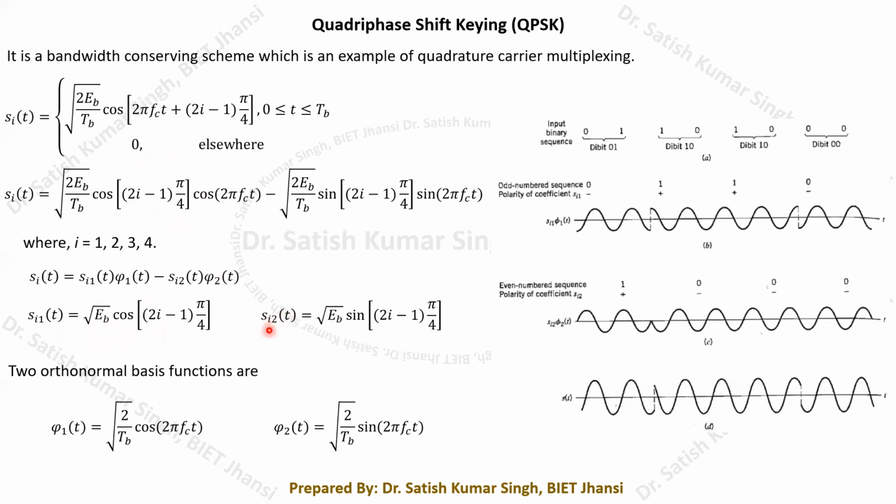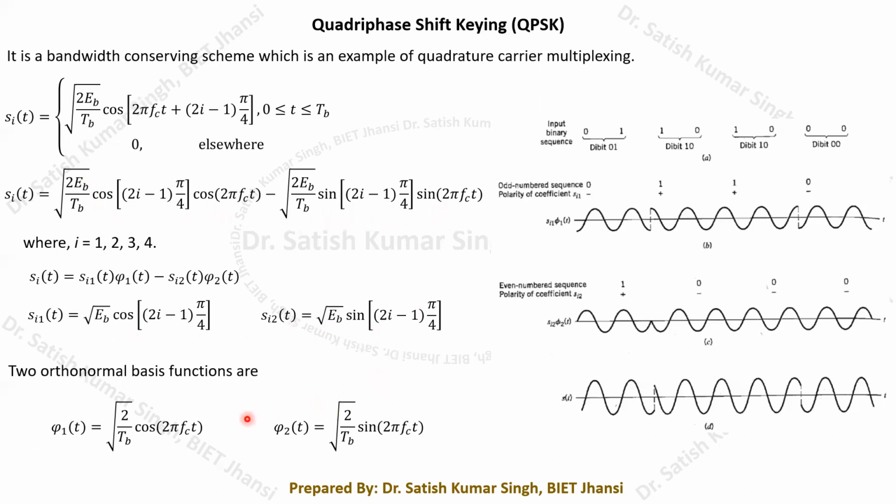Similarly, you can write Si2(t) equals root over EB, and it will be sine of (2i minus 1) pi by 4. If we keep this term separately, then you must be able to answer what the basis functions will be. Obviously our basis functions are root 2 upon TB cos 2 pi FC t, and root 2 upon TB sine 2 pi FC t.